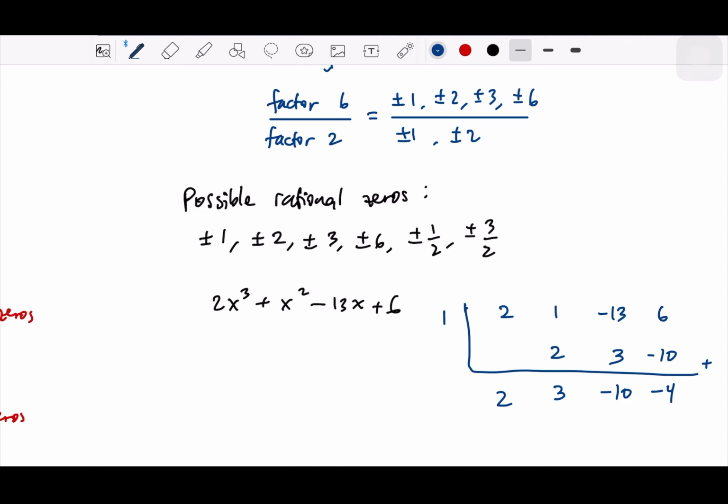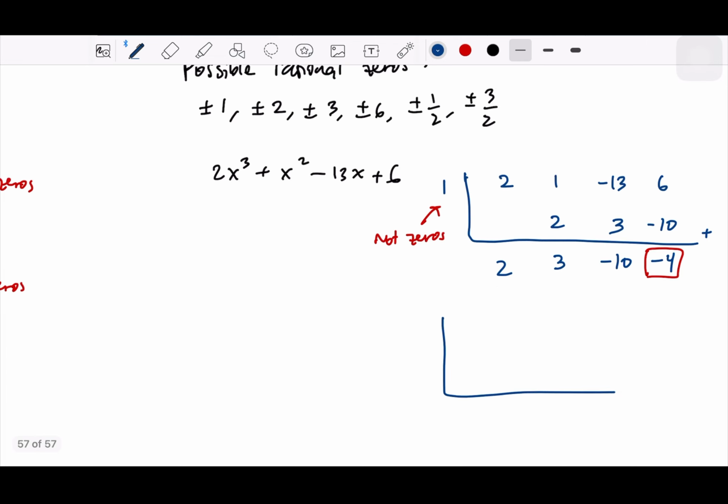So we have a remainder here, so not zeros. We can also check the other one, -1. Well, this is also not good. This is a remainder, so not zeros.